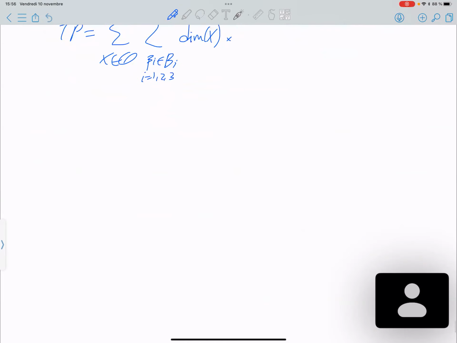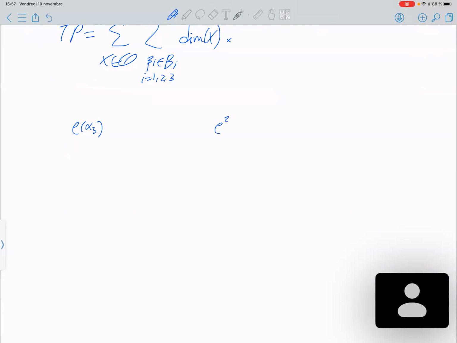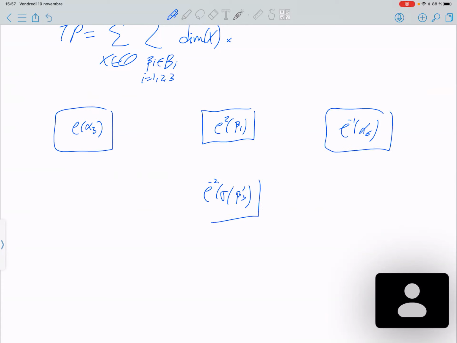So something like that: rho of alpha 3, rho square of beta 1, rho inverse of alpha 6, rho power minus 2 of sigma of beta 3. So like that.